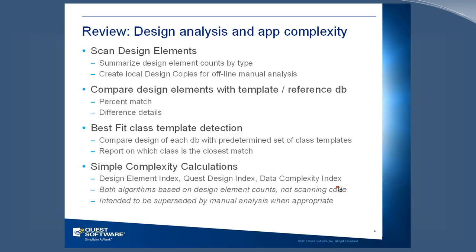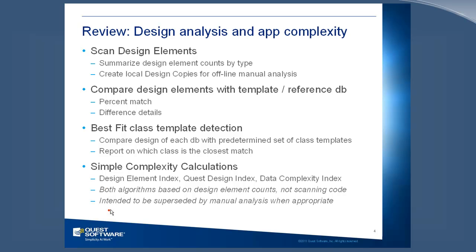If it's data complexity 1, it's probably a lot of text fields and things like that. If it's data complexity 5, it's probably got all sorts of bells and whistles: reader-writer security and lots of doc links and OLE objects and that kind of stuff. So that's about the complexity of the actual data versus the design.